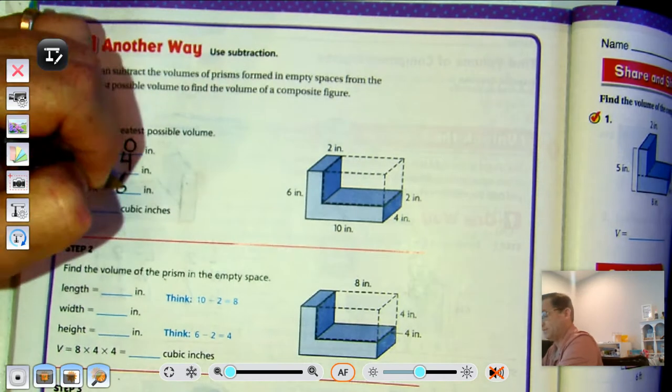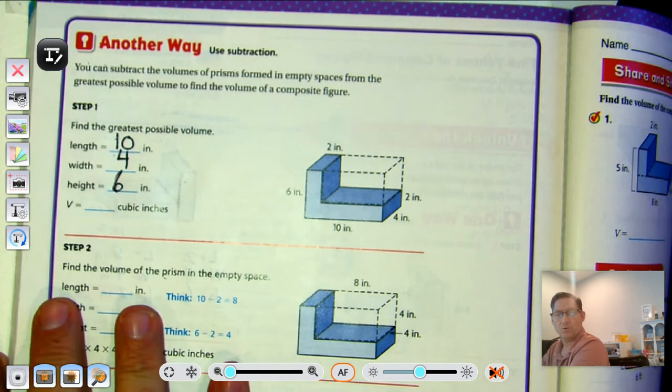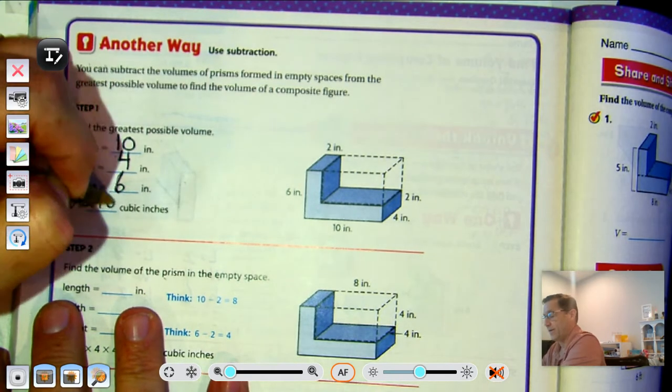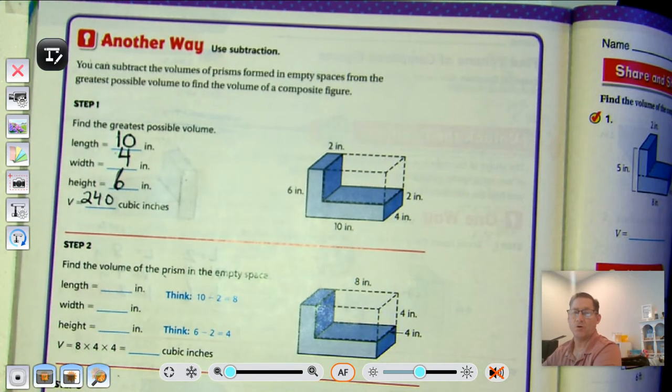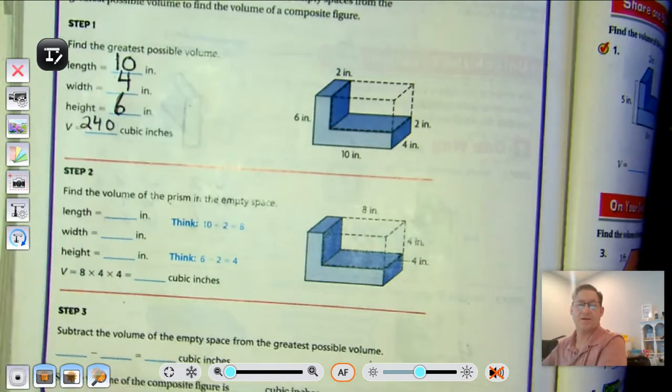It would be 6 inches tall, right? So 6 times 4 is 24, and 24 times 10 is 240. So that would be the greatest volume. But of course, it's not complete, right? So if it was complete, it would be 240 cubic inches.